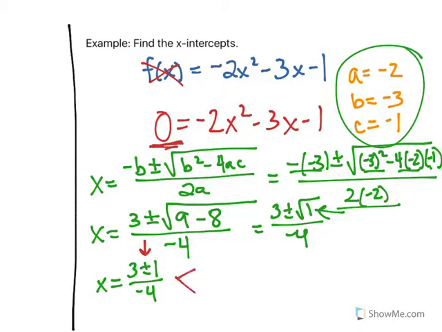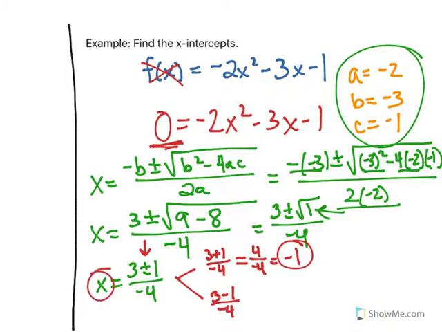So we can rewrite this as 3 plus 1 over negative 4 and 3 minus 1 over negative 4. 3 plus 1 is 4 divided by negative 4. That equals negative 1. There's one of our x values. Okay, remember x equals. And then we've got 3 minus 1, which is 2, over negative 4, simplified as negative 1/2. And there's our other x value.